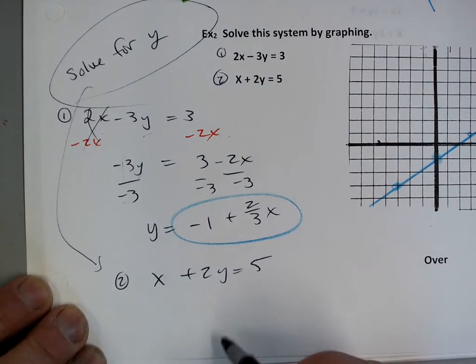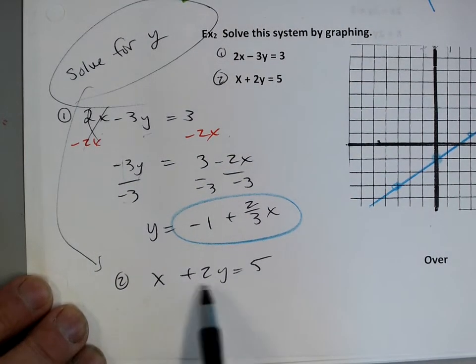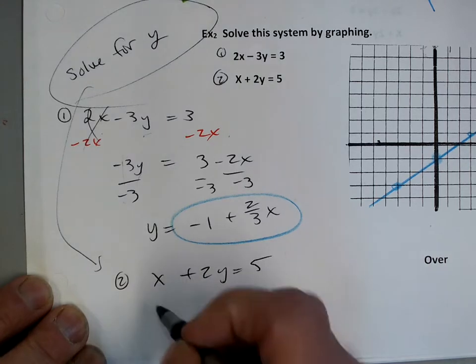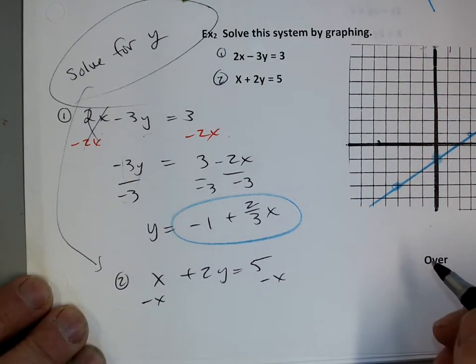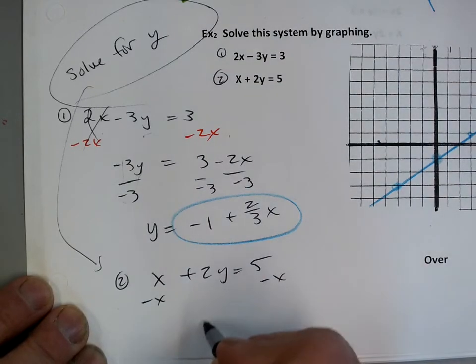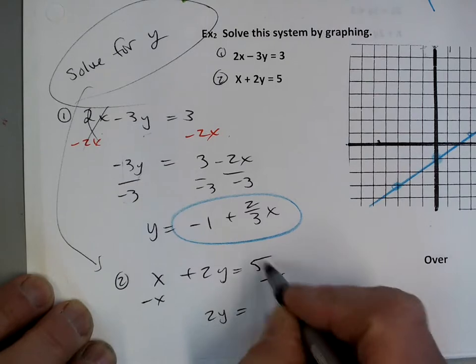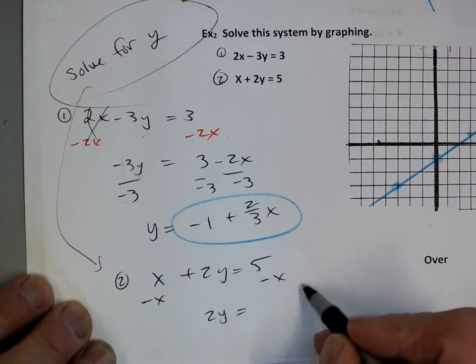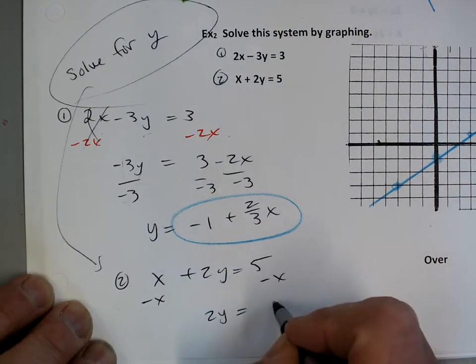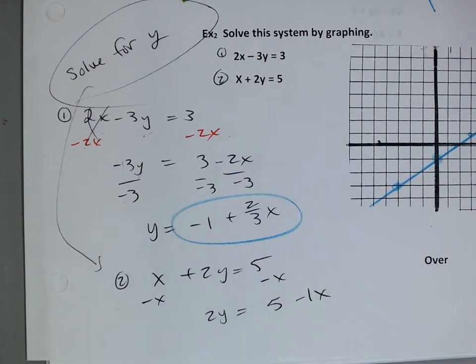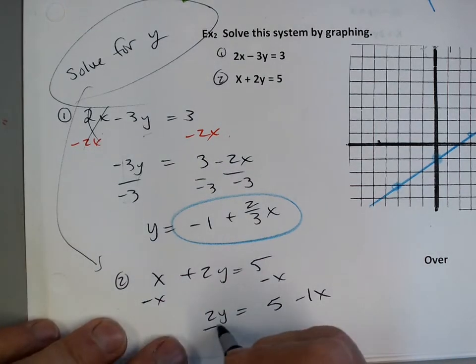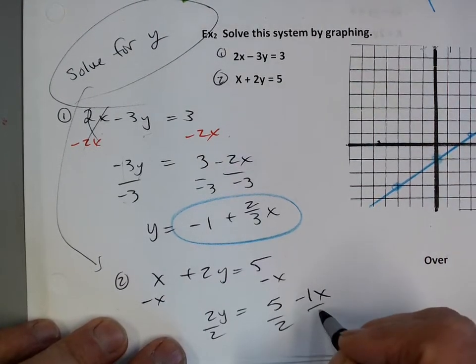So I need to get the y by itself, so I'll go minus x, and I'll have 2y equals, well, you can't really subtract these because that's an x and that's not, so we'll have a 5 minus an x. I'm going to put a 1 there, 1x, just because it will really help me later. Divide everything by 2, okay?